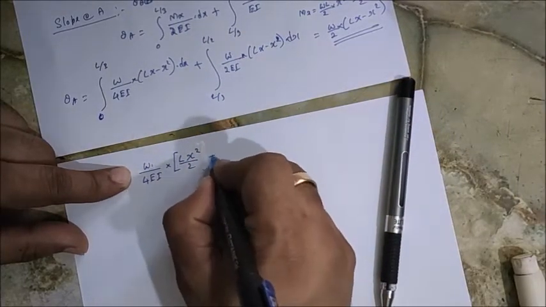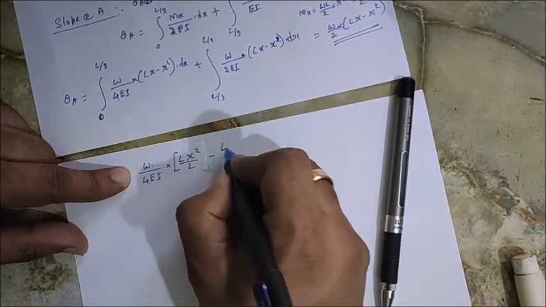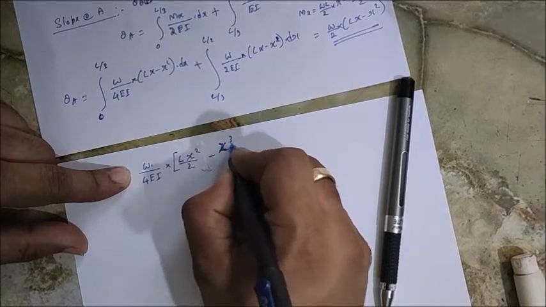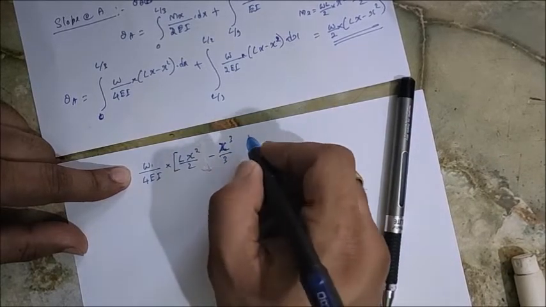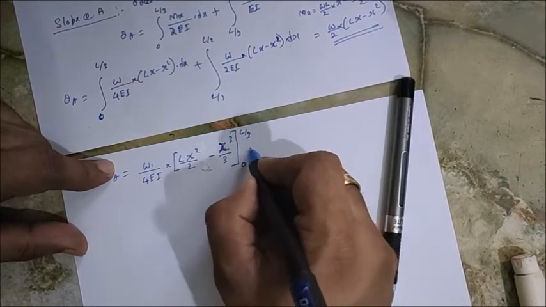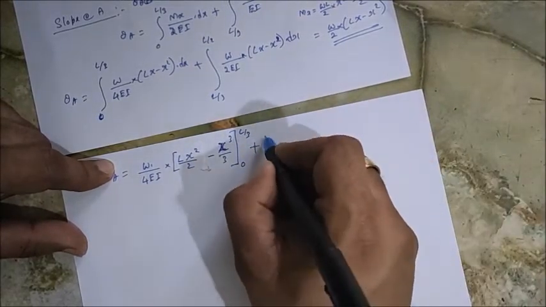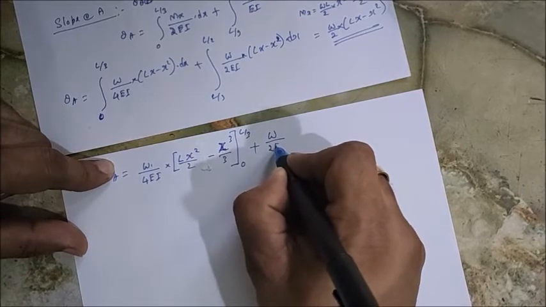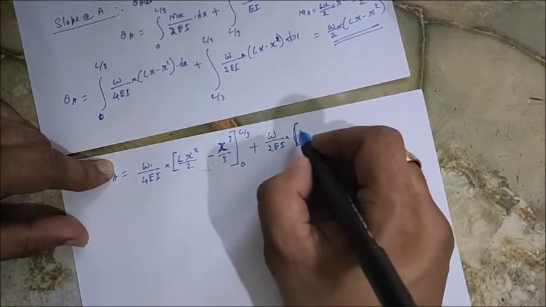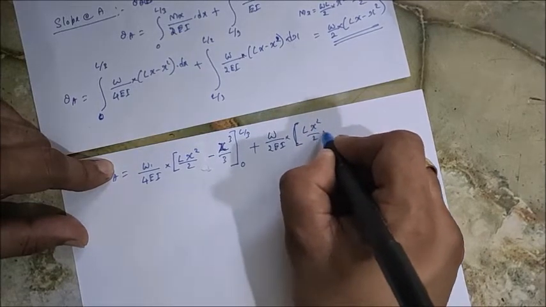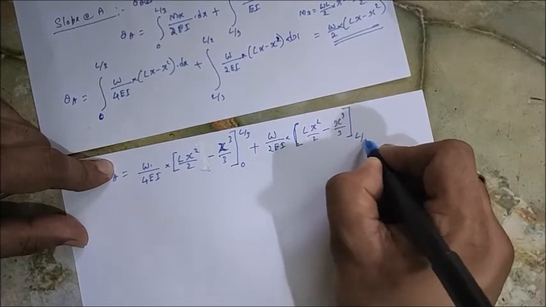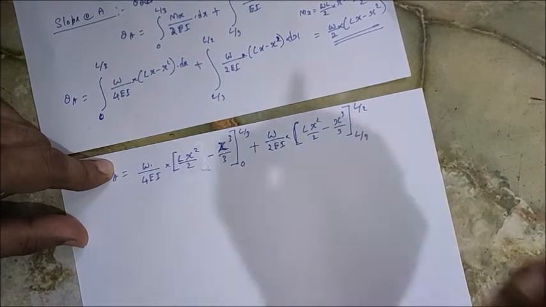Minus L x cube by 3, x cube by 3, range 0 to L by 3, plus w by 2EI into (L x square by 2 minus x cube by 3), range L by 3 to L by 2.